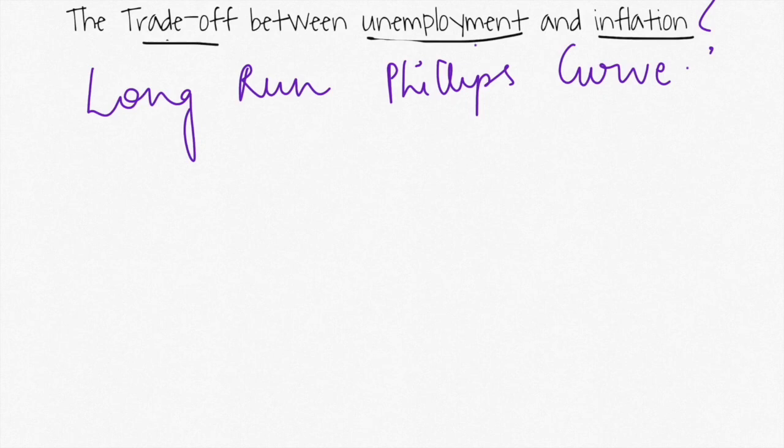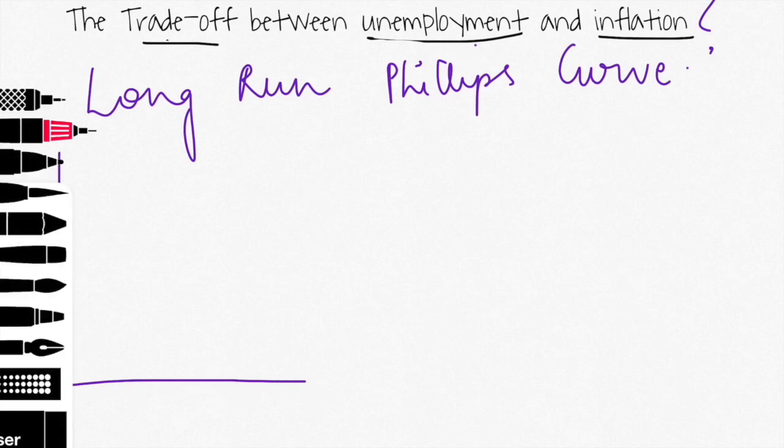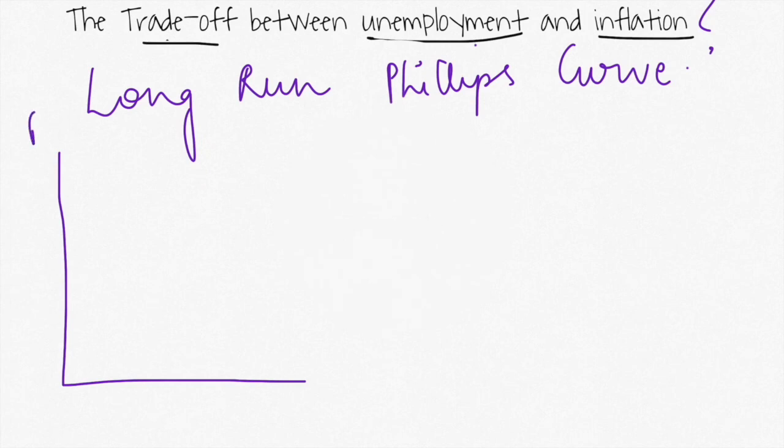We're going to draw side by side both the ADAS model and the long run Phillips curve. So as usual, I will start with the ADAS model on the left side, drawing the price level on the y-axis and the real GDP on the x-axis.